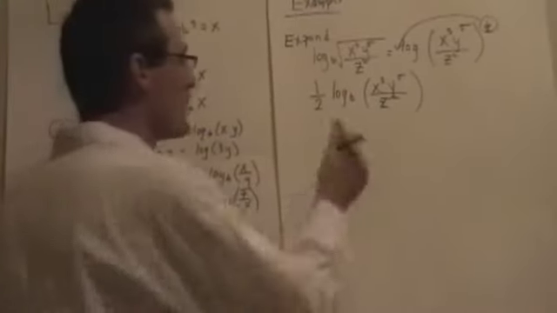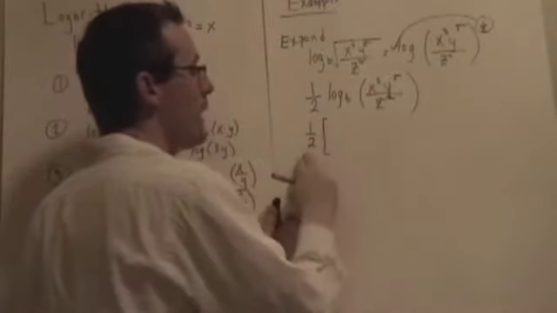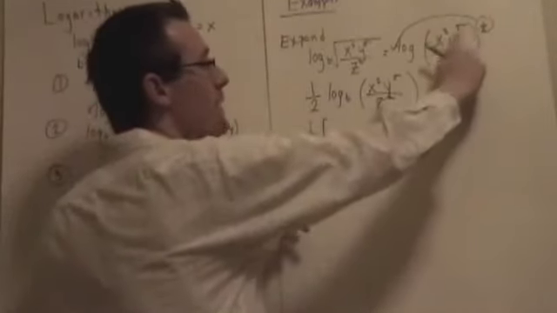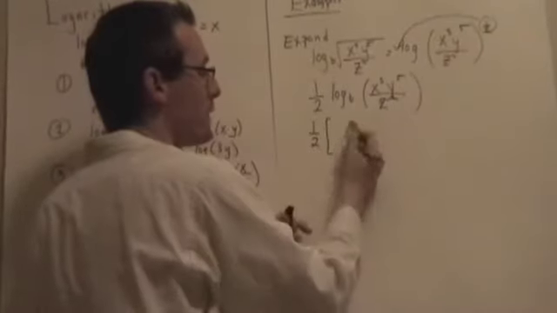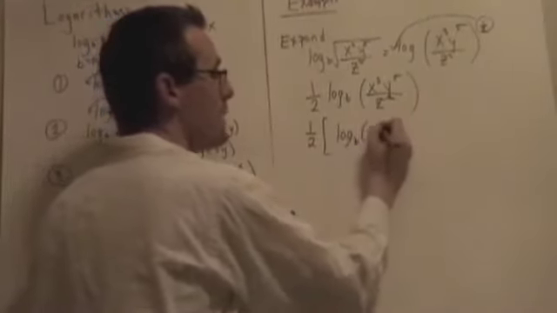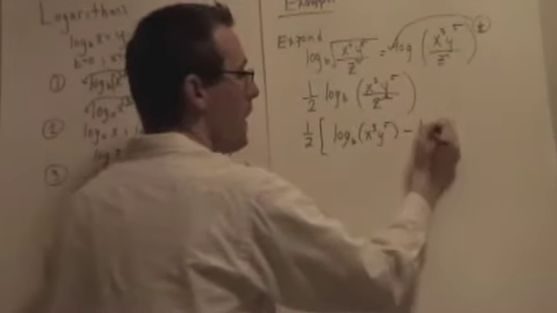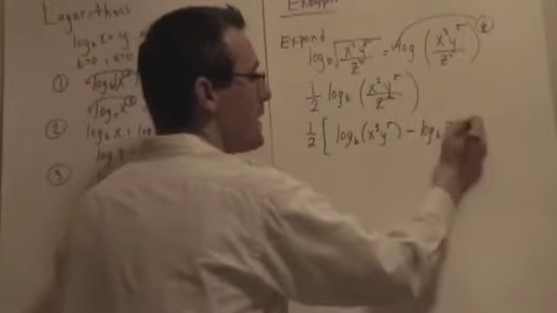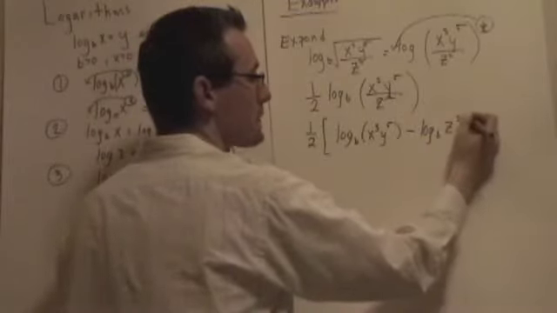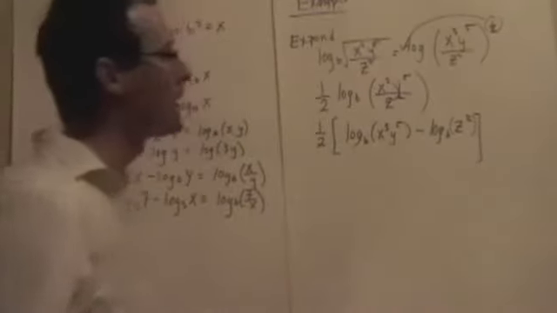So this is going to be 1/2. I'm going to put a bracket here because this 1/2, which was our exponent, goes to every item in the log. So 1/2 log base b of x cubed y to the fifth minus log base b of z squared. I'm going to put parentheses here too, just for clarification.